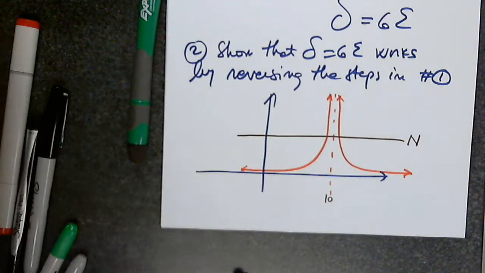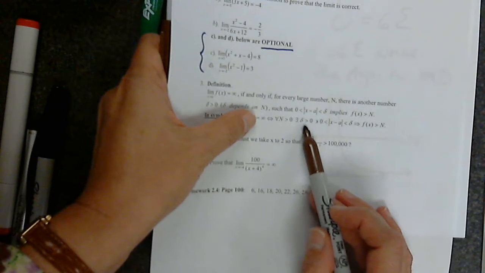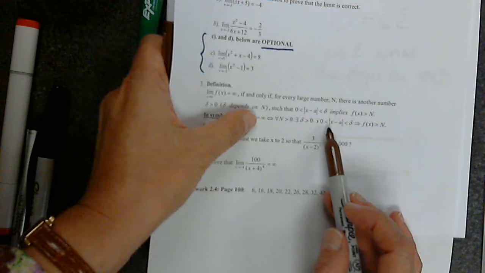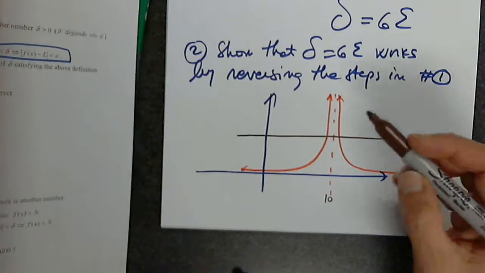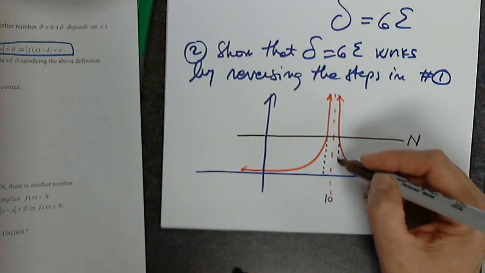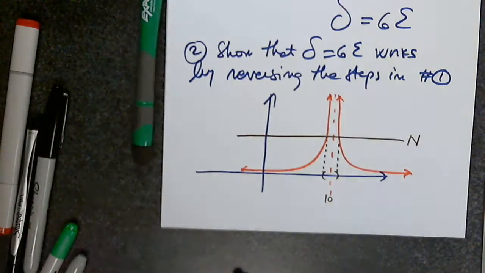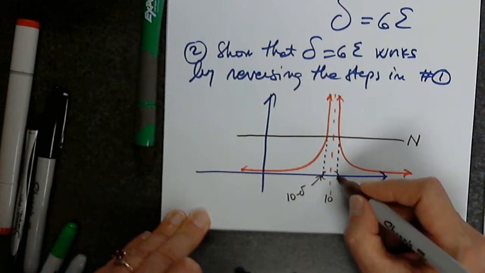And coming back, for every n there exists a delta such that every time I pick x close to 10, so this point is 10 minus delta.